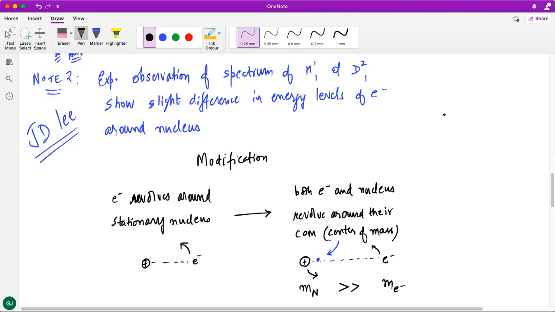Okay? In fact, there is one more which we don't really teach because it becomes more complicated. There is one more modification to Bohr's model, in which instead of the circular orbit, there are elliptical orbits. That is called the Bohr-Sommerfeld model. So then the center of mass becomes the center of the ellipse and the nucleus is at one of the foci. नहीं, उसके पीछे का भी अलग कॉन्सेप्ट है. So it's not just based on this center of mass concept. उसके पीछे the understanding was because the energy of orbits was coming to be slightly different when observed under higher resolution experiments.